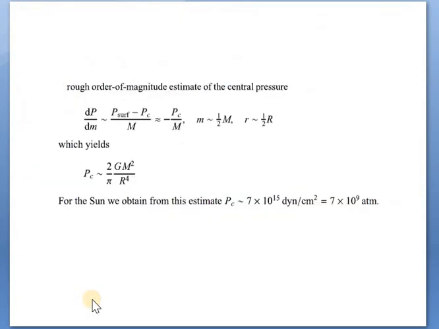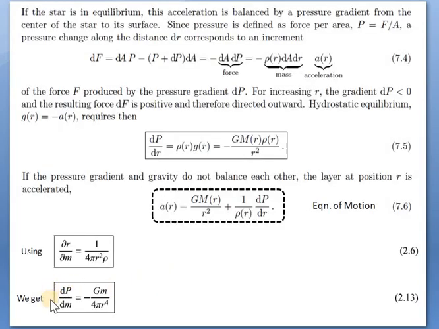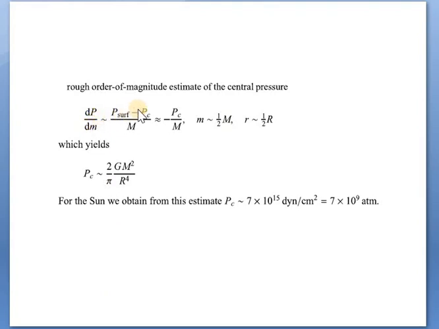Okay, now let us make a rough, order of magnitude estimate of the central pressure. From this expression, we can just take the central values. dp/dM, with M at the surface minus that at the center, which is 0.